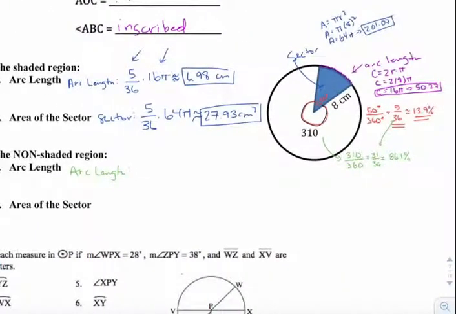Let's keep it uniform. So we want 31 out of 36 in terms of what we're not covering. Again, the 16 pi is our actual perimeter.